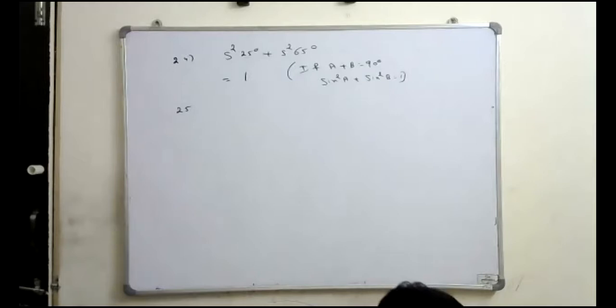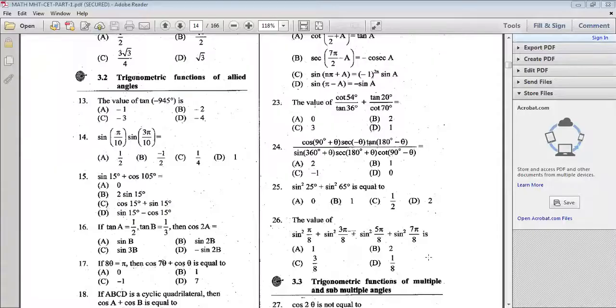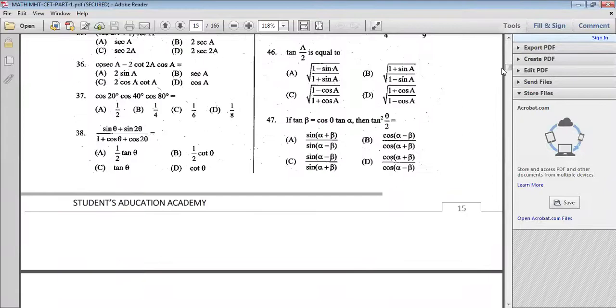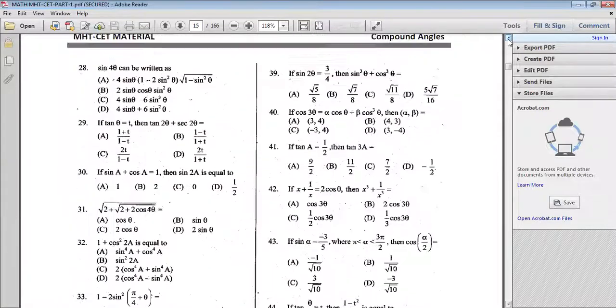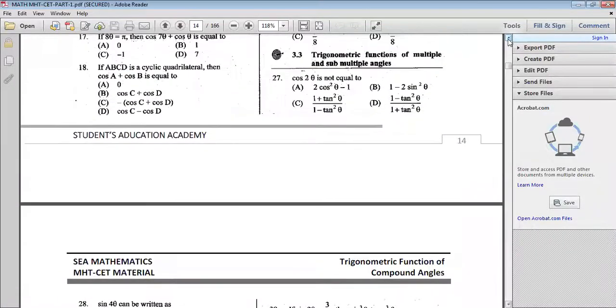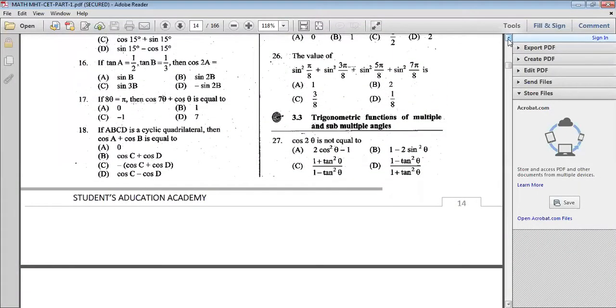Let's look at the next problem. Look at the 26th problem. Observe this problem number 26.